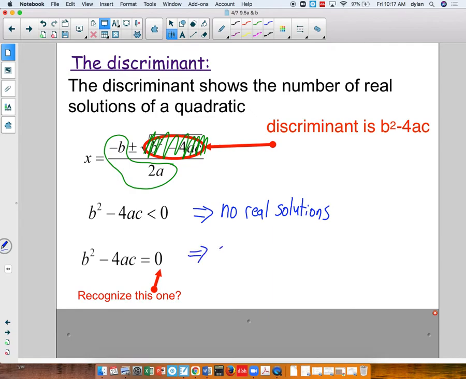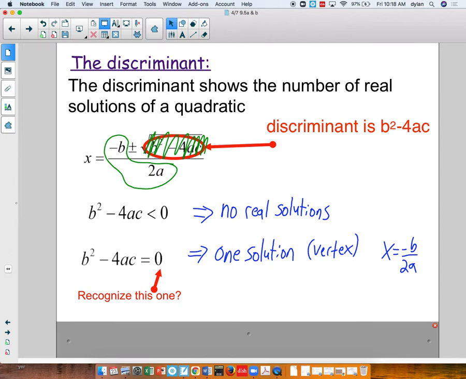We only have one solution because there's no longer a plus or minus. And we've talked numerous times that when you have one x-intercept, the x-intercept also happens to be the vertex, which is why we can use this equation, negative b over 2a, to find the x-coordinate of the vertex, because what we're really doing is we're finding that single solution. So this is where our x equals negative b over 2a equation is actually coming from.